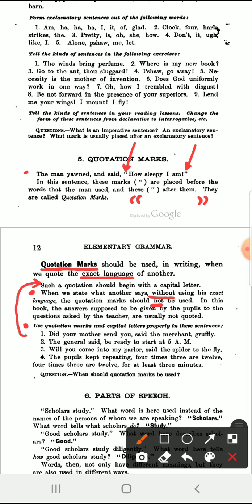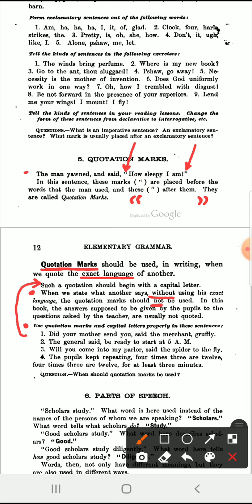So for the exercises, use quotation marks and capital letters properly in these sentences. For the first sentence we read, "Did your mother send you?" said the merchant gruffly.